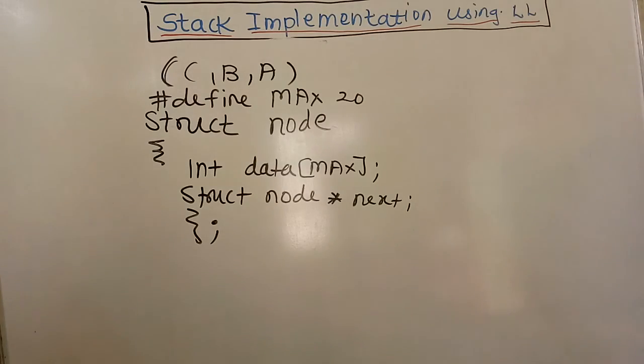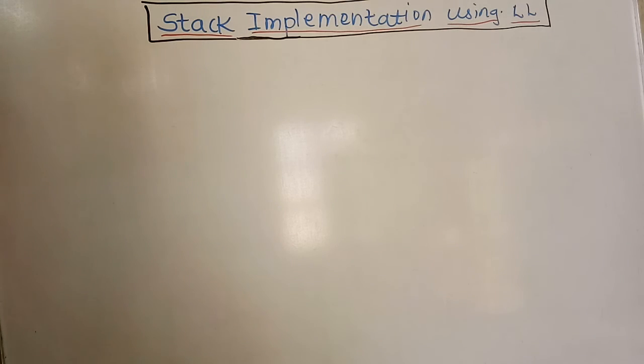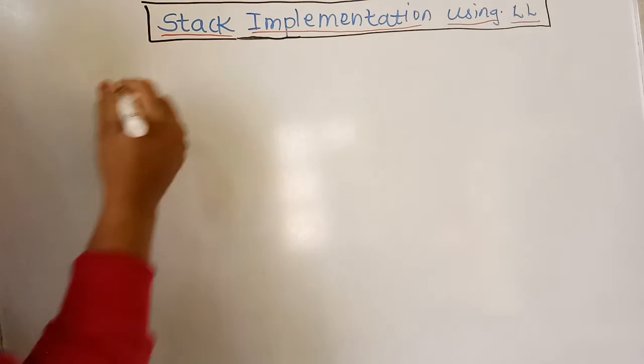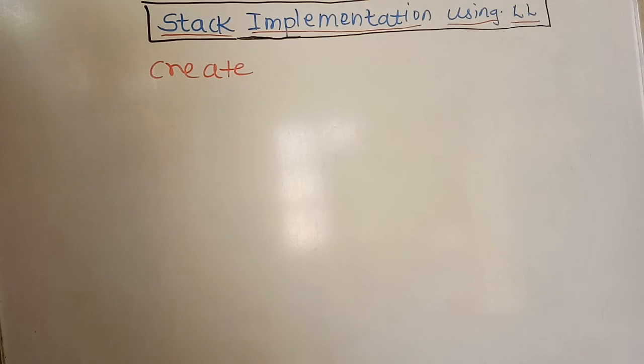Now we will see which are the different operations that can be handled while using the stack as a linked list. The first operation is the create operation. Means you first of all have to create the stack.